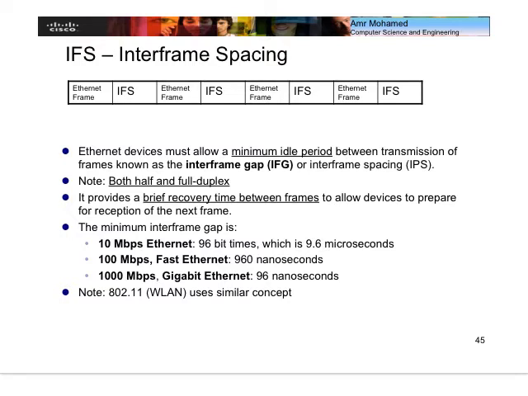Some very important concepts that Ethernet uses to calculate its speed, and some specifications like the minimum frame size and so on, are explained in the next few slides. The first one is what we call interframe spacing.